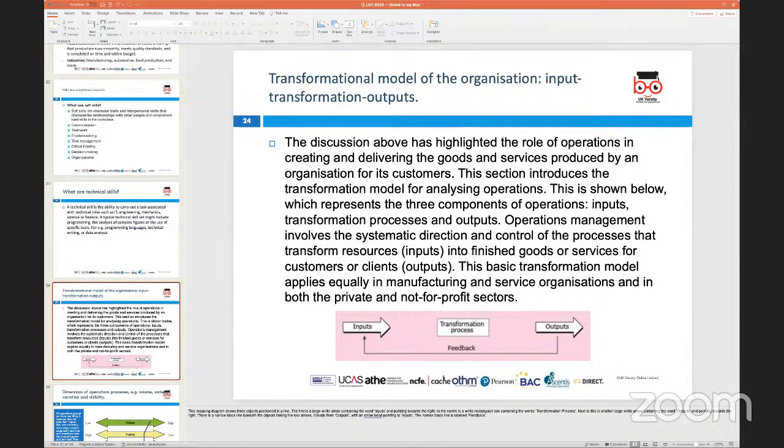And this model helps us in understanding how inputs are converted into outputs, that means finished products, through processes and various activities such as manufacturing, assembling, providing services, depending on the nature of the organization, into goods and services which satisfy customer needs. That is essentially the transformational process or model that we talk about.